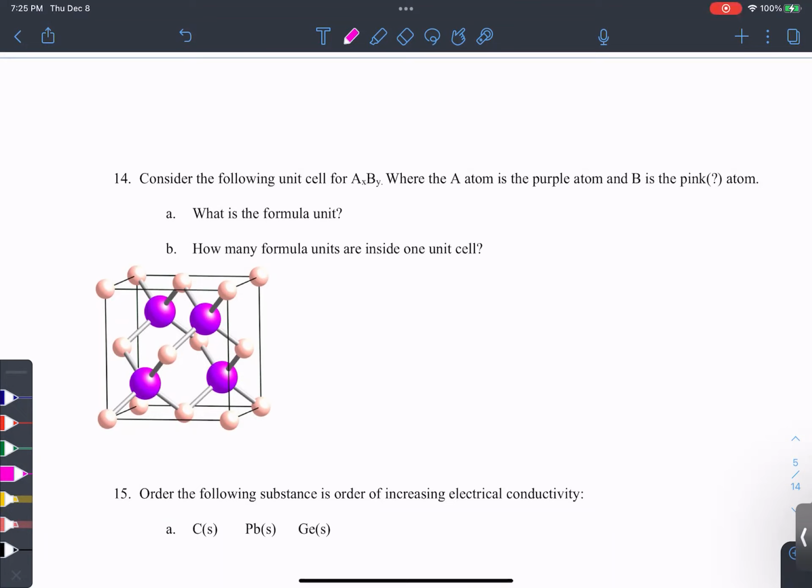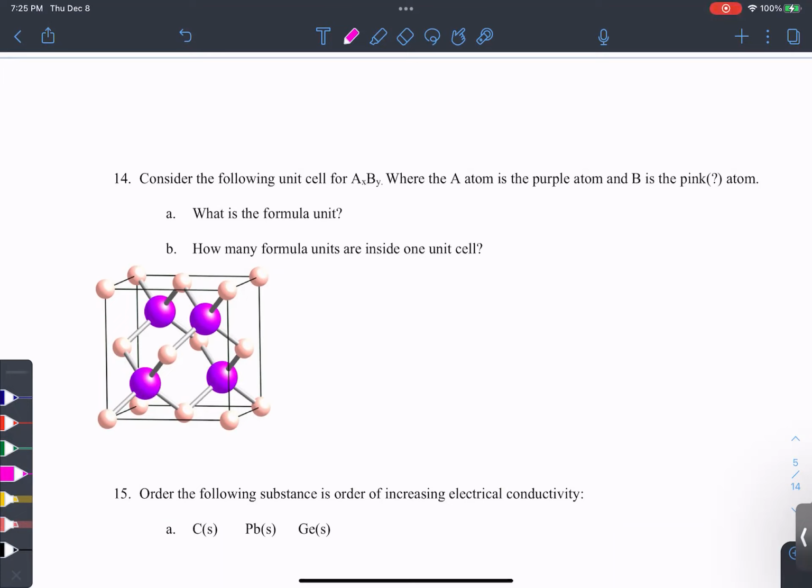So this is like the last learning objective for chapter 12. Let's look at this unit cell. This is the simplest repeating unit within a solid. I try to give you different atom colors to represent different elements here. A is the purple atom, B is the pink atom. I want to know, what is the formula unit?